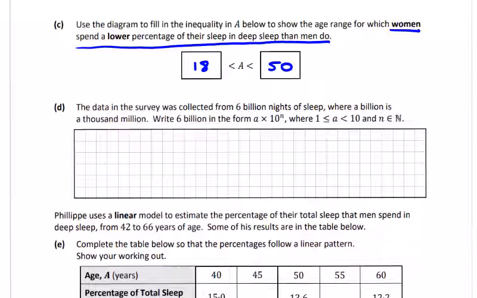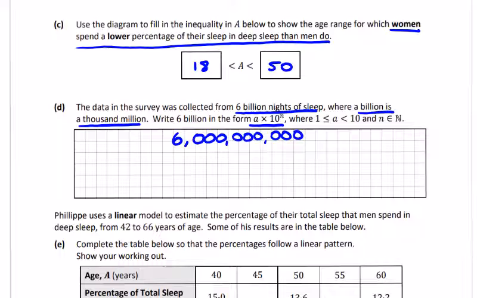The data in the survey was collected from 6 billion nights of sleep, where a billion is 1,000 million. Well, a million has 6 zeros. So 1,000 will be another 3 zeros. So that's 6 billion. And we want to write this in scientific notation, which you all know.